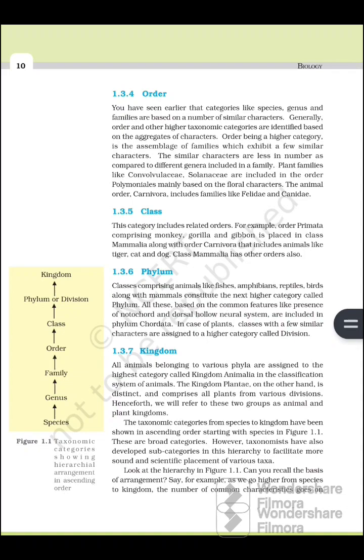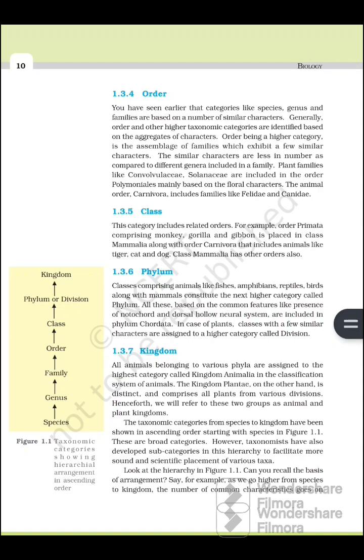Topic 1.2.4 Order. You have seen earlier that categories like species, genus, and family are based on a number of similar characters. Generally, order and other higher taxonomic categories are identified based on the aggregates of characters. Order, being a higher category, is the assemblage of families which exhibit a few similar characters.